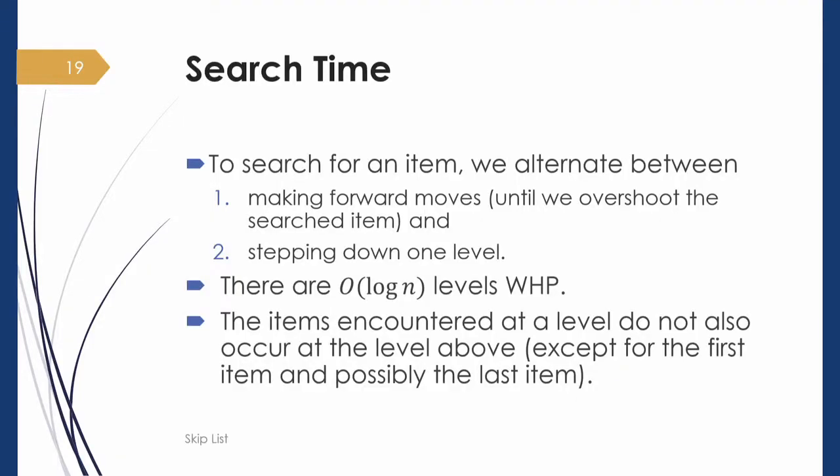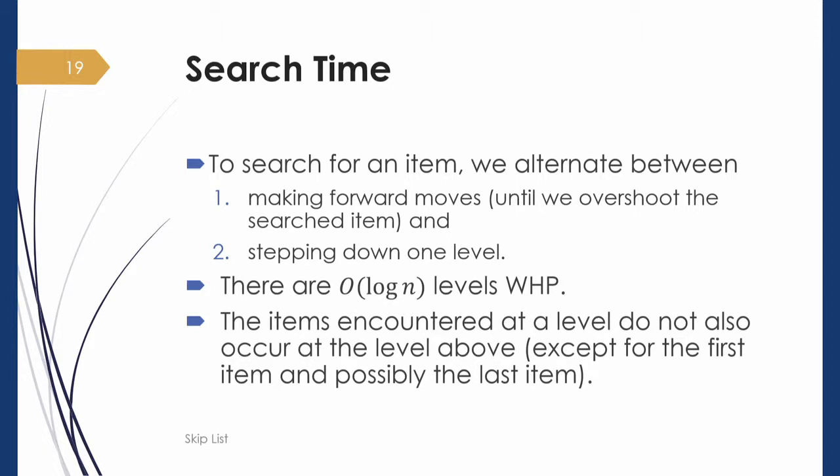We can tack on an order log n additive factor to our search time to account for that. So, we only have to worry about the horizontal, the forward moves within a level.